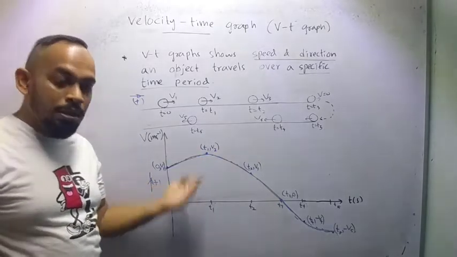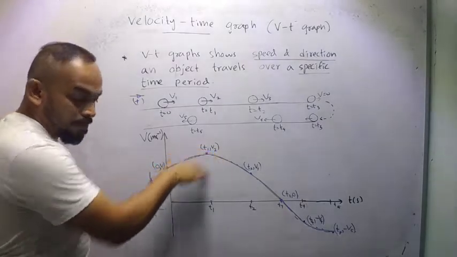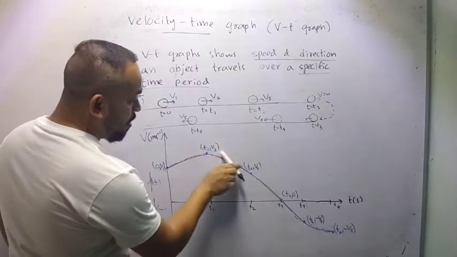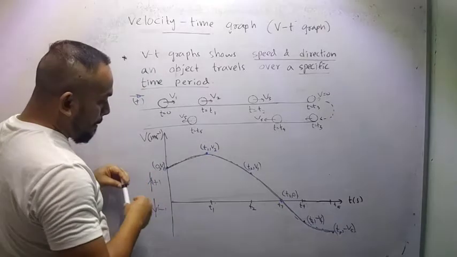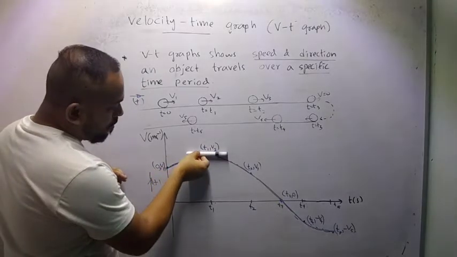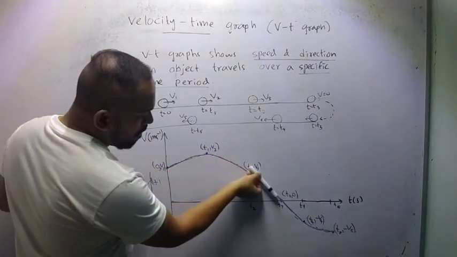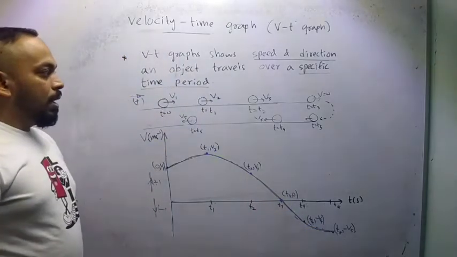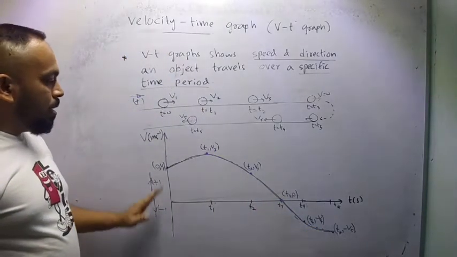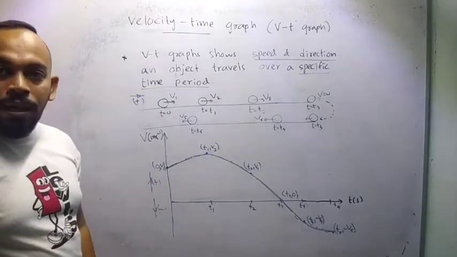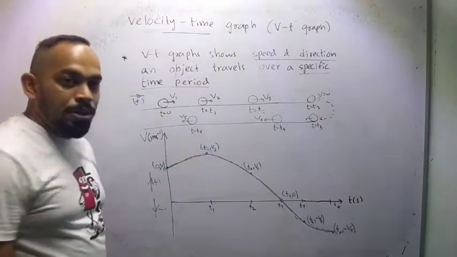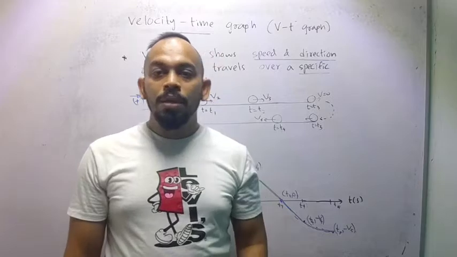The slope changes here and here. Here the slope is this. Here the slope is this. Okay, so that's about it. And the slope of this VT diagram gives you the acceleration.